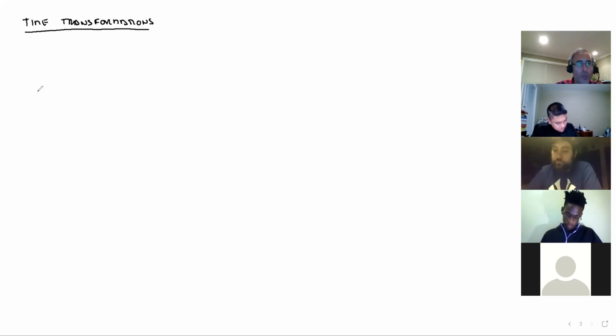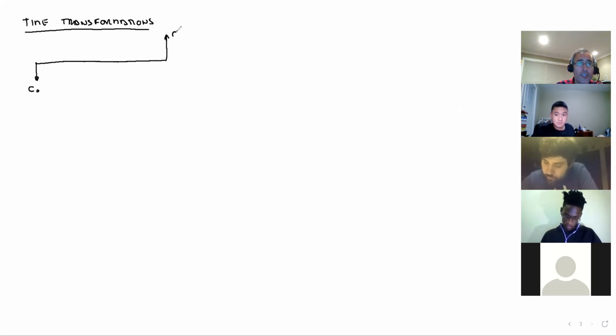So guys, assume that we have the following. We have C0. We have Cn. And then I divide this into small pieces, and in each one we have I1. Right?